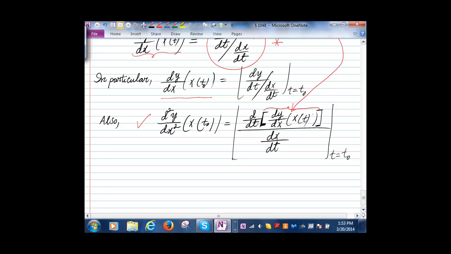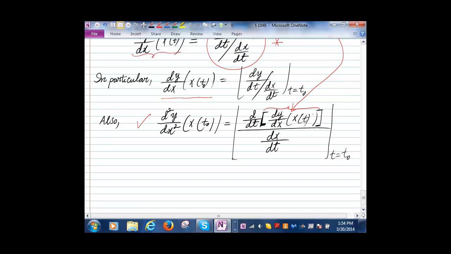You take the derivative with respect to t of the first derivative that you obtained up here, right? And then you divide by dx dt again, and then you have to evaluate the whole expression at t0.